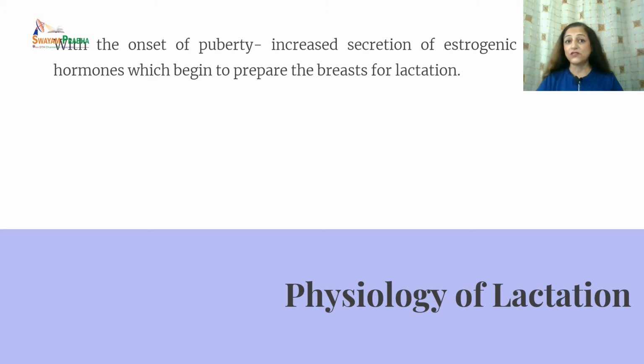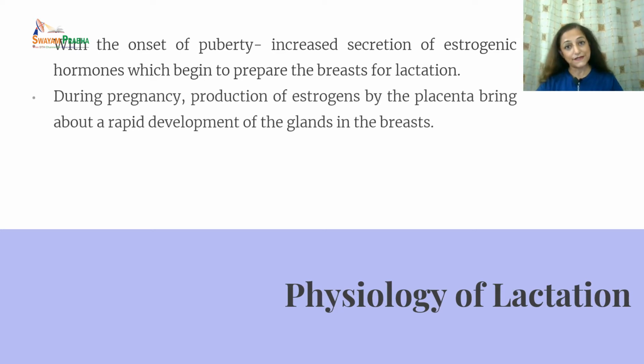With the onset of puberty and during adolescence, among all females, there is increased secretion of estrogenic hormones, which begin to prepare the breast for lactation. And during pregnancy, there is further production of tremendous quantities of estrogen by the placenta, which brings about a rapid development of these glands in the breast.